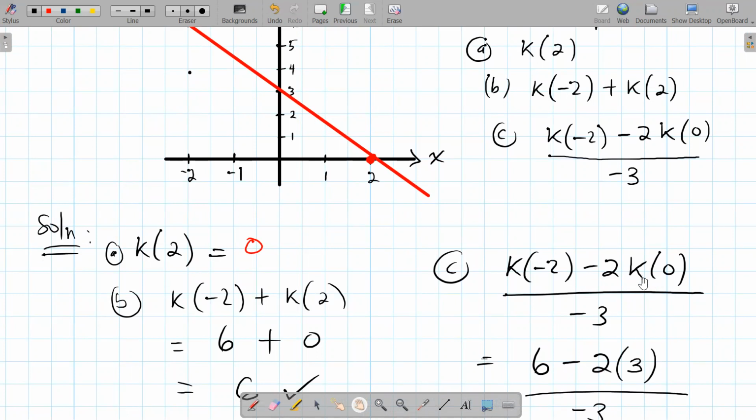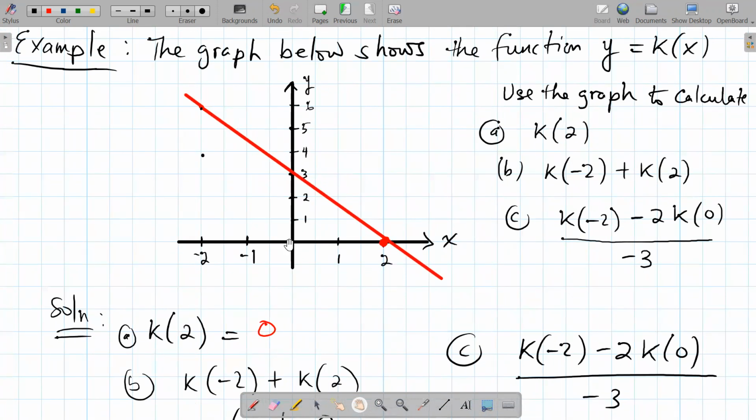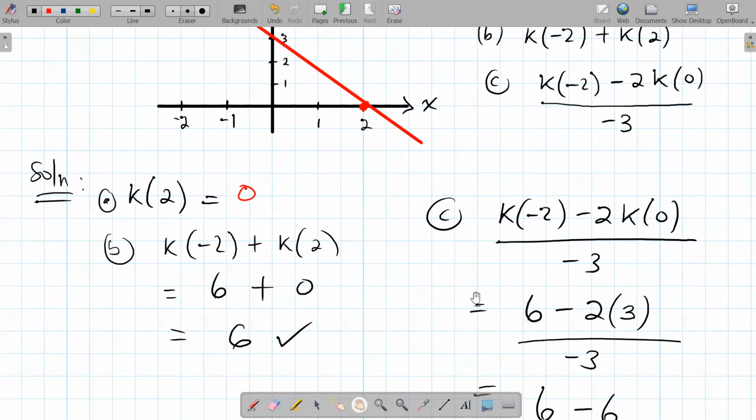This is the 2 times K of 0. Where is K of 0? That is where X is 0. When X is 0, we project it up to touch the graph, and we see that it intersects the Y at this particular value 3. So that's the answer for K of 0, and that's 3.